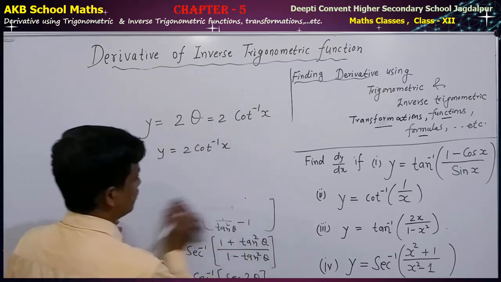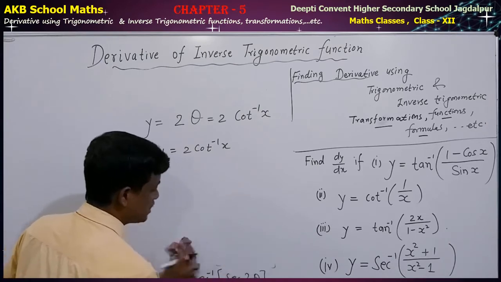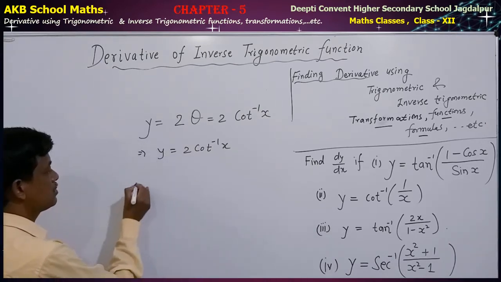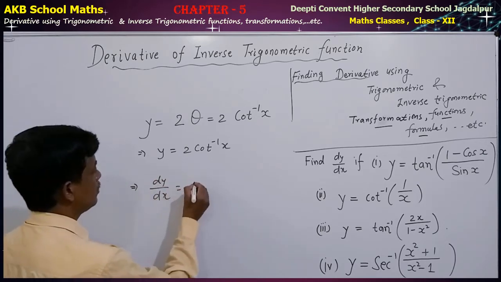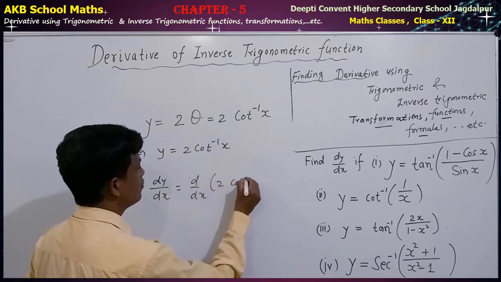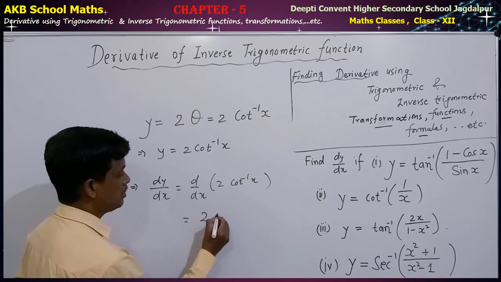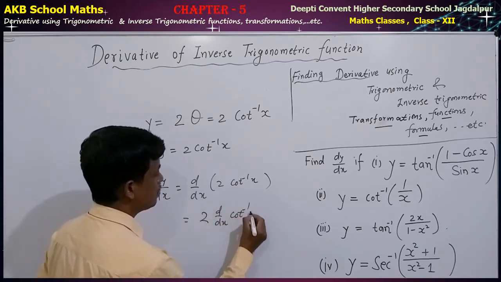Now you can get it by direct differentiation. Differentiating with respect to x, what you get? dy by dx equals 2 times cot inverse x. Here 2 is constant, so we differentiate cot inverse x.